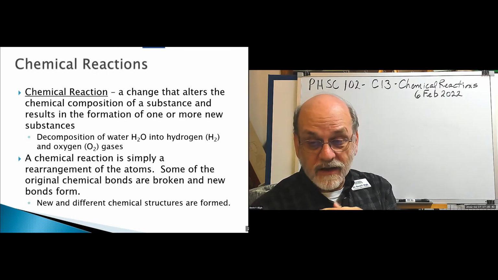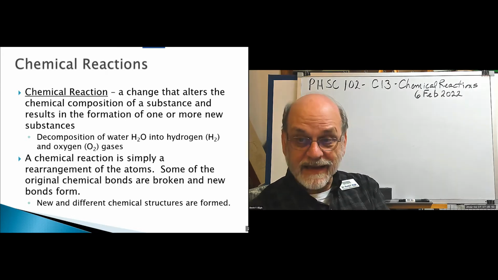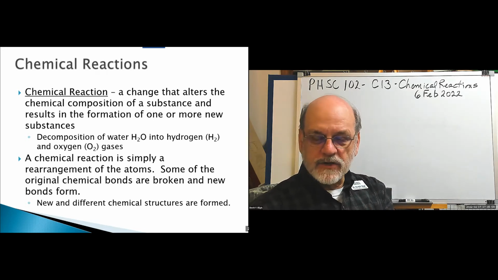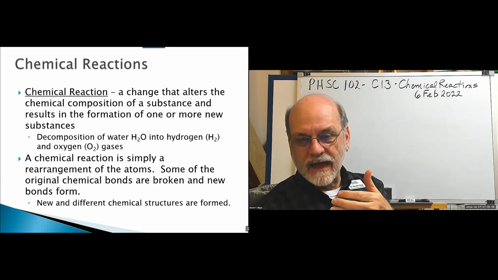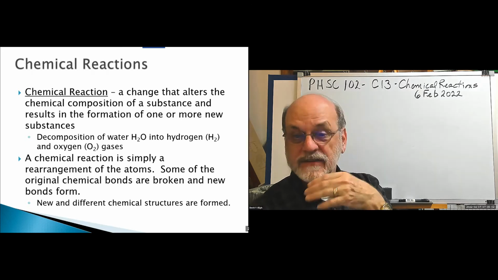But it actually doesn't do that until you turn it on and spark it or light it with a match. In that case, it undergoes a chemical change. Chemical change from natural gas, which is predominantly methane, combining with oxygen produces carbon dioxide and water. That's a chemical change.